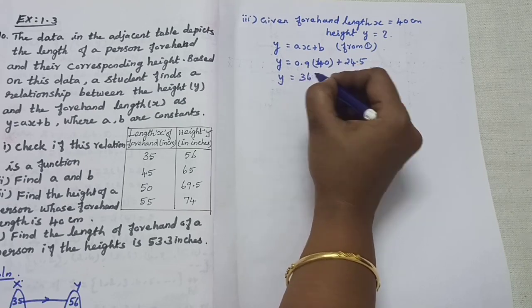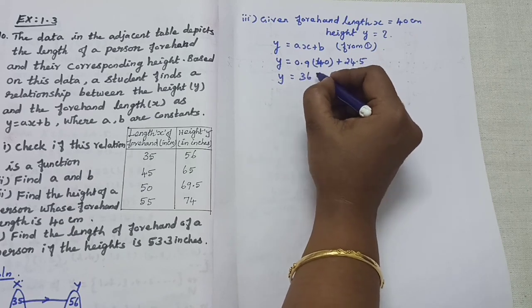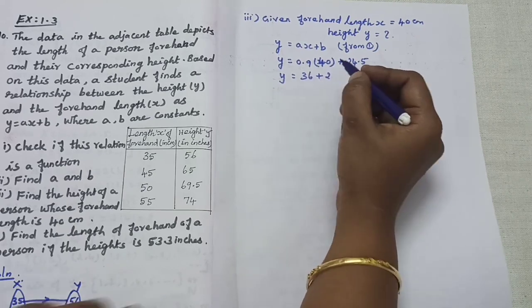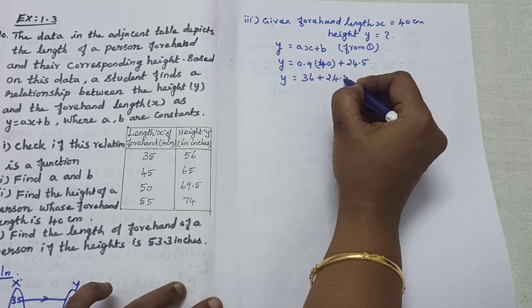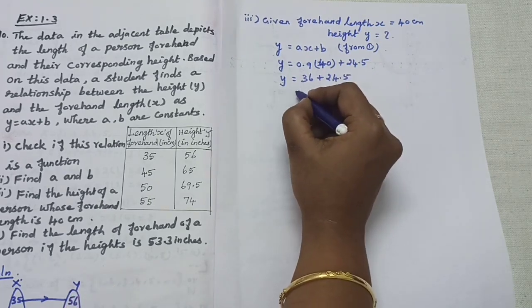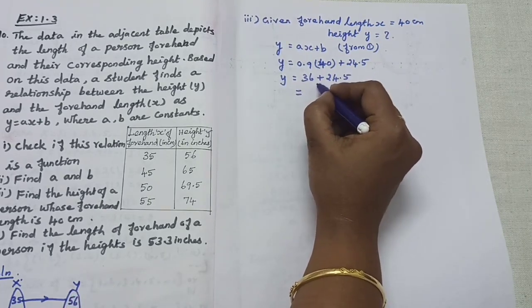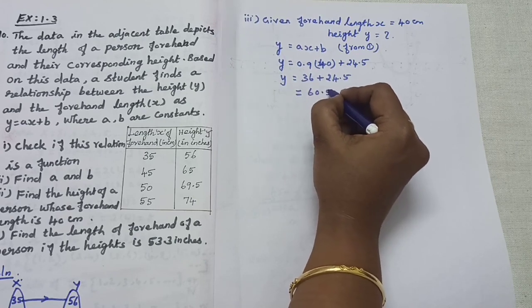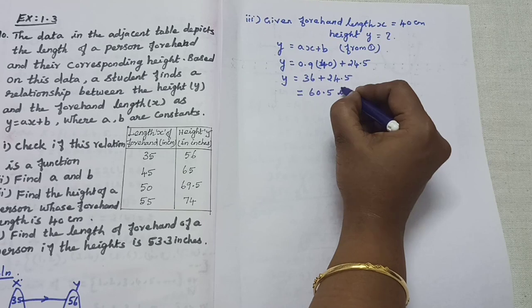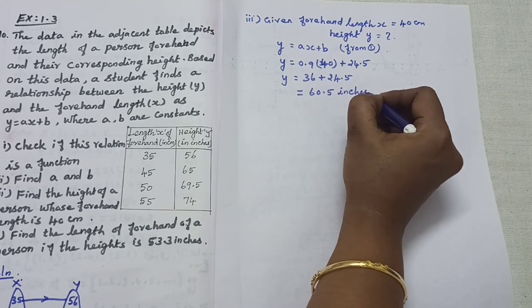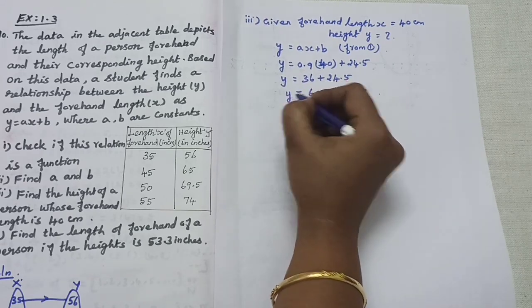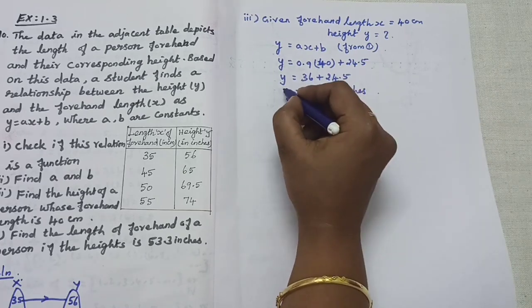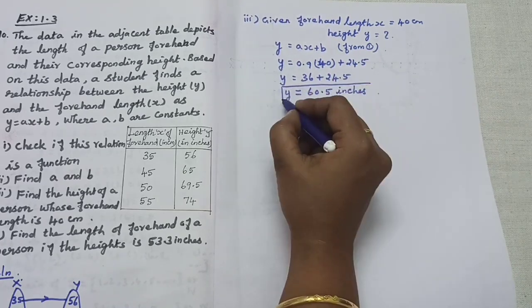Then 36 we will get. 36 plus 24.5. Then add this. What value will you get? 60.5. Okay, 60.5 inches. y is equal to 60.5 inches.